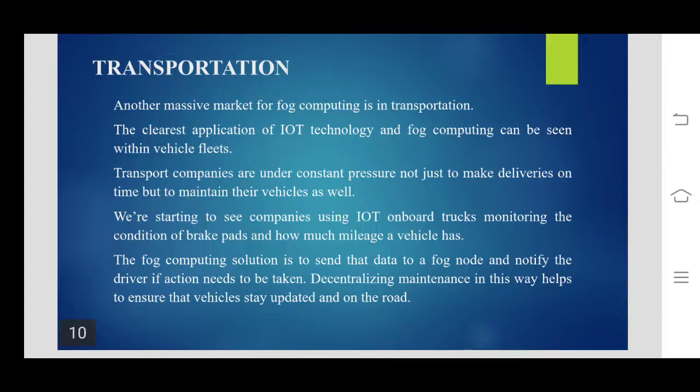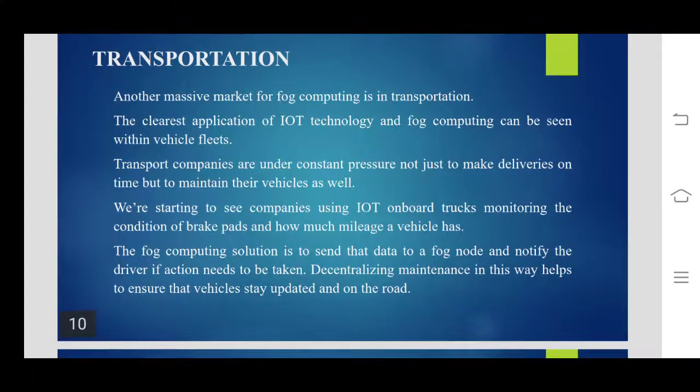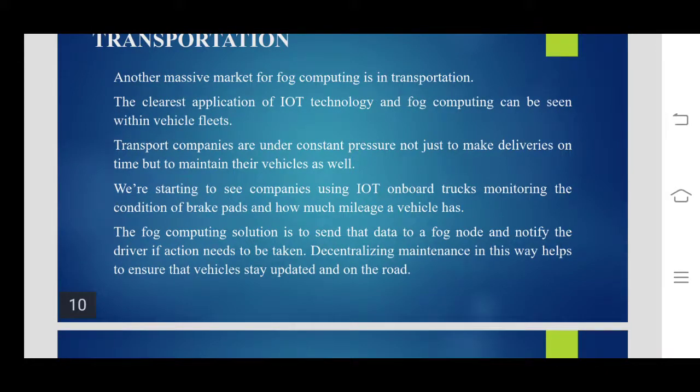We are starting to see companies using IoT on board trucks monitoring the condition of brake pads and how much mileage a vehicle has. The fog computing solution is to send that data to a fog node and notify the driver if action needs to be taken. Decentralized maintenance in this way helps to ensure that vehicles stay updated on the road.